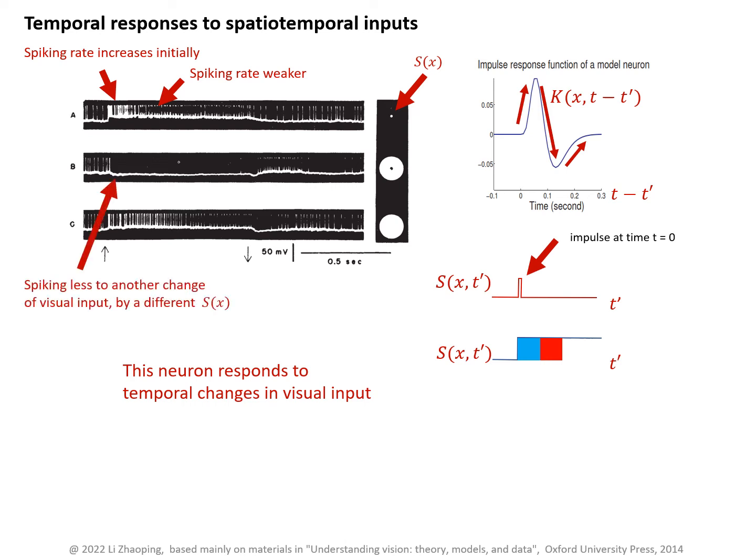And here is another response to the changes of visual inputs, when the spatial pattern of the visual input takes another shape. In this case, the neuron responds by a decrease in its spiking rate.